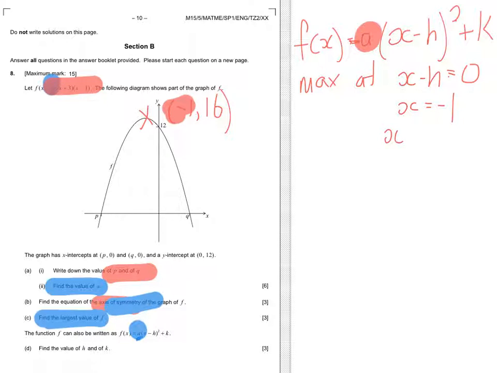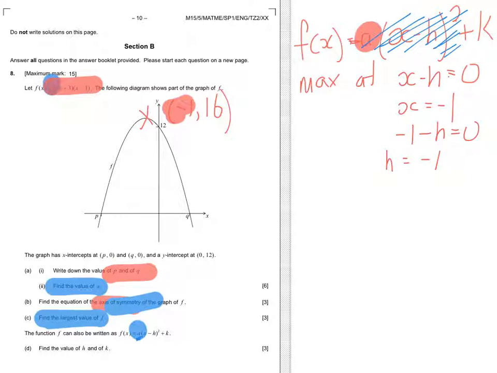So therefore, -1 minus h must be 0, which means h must equal -1 as well. And when we have that maximum, when x minus h is equal to 0, this part of the completed square will all vanish.